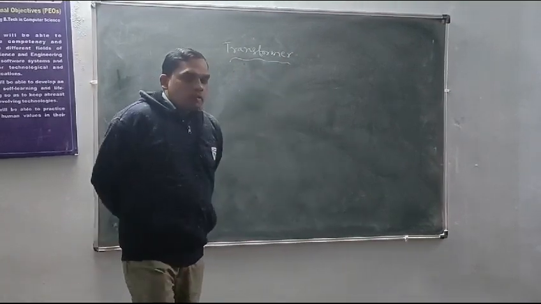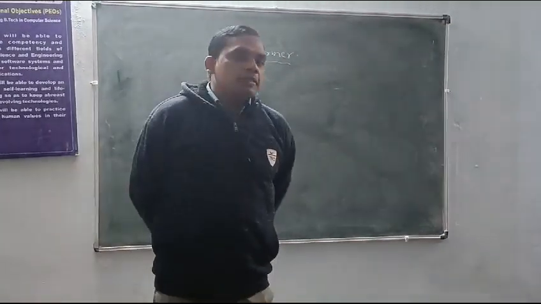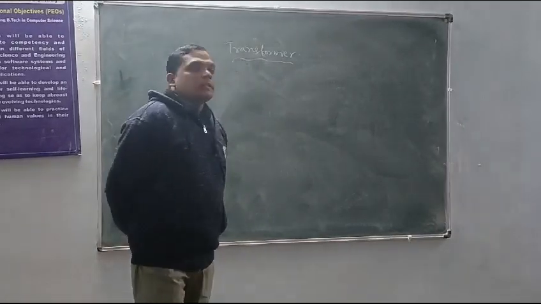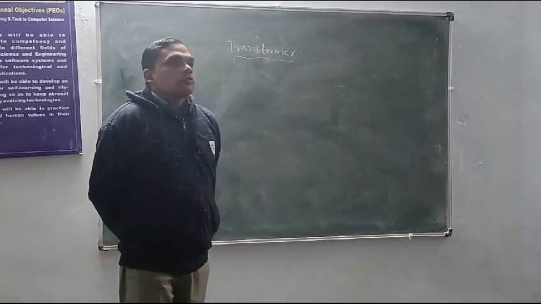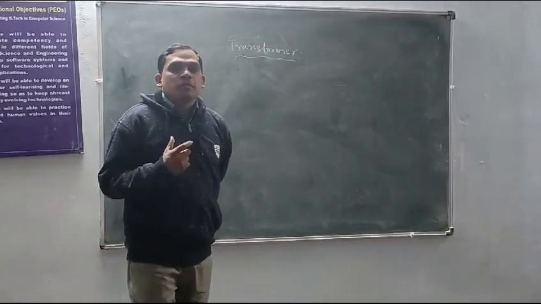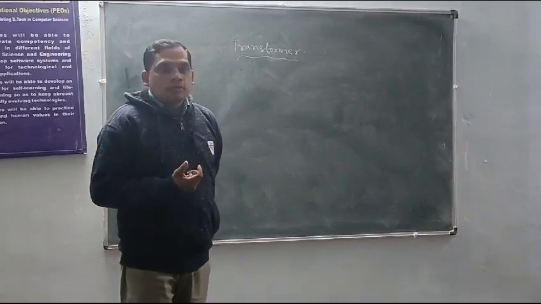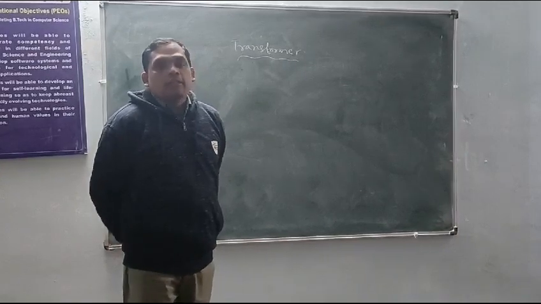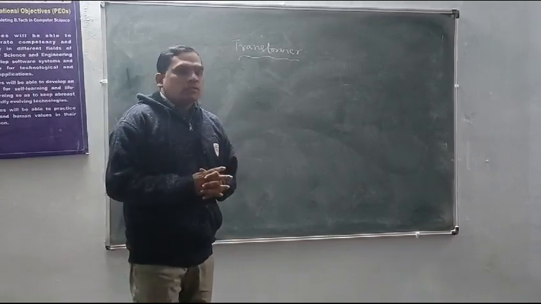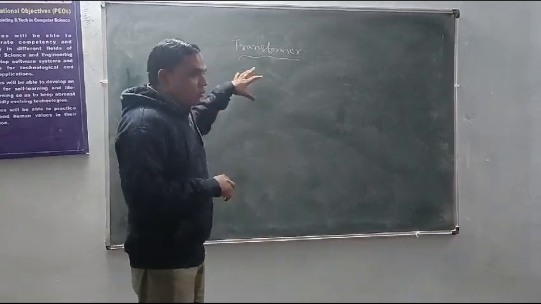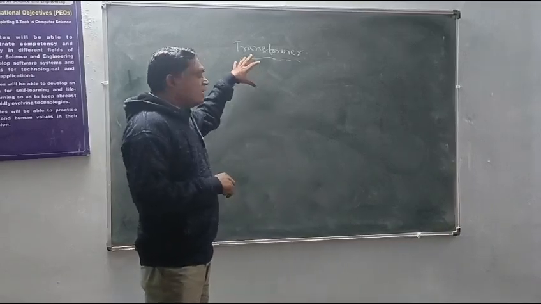So what is the basic definition? It is a static device. Static device means what? It has no moving parts. In the case of a DC generator or motor, that is not a static device; it has some moving parts. Therefore the transformer has no moving part.